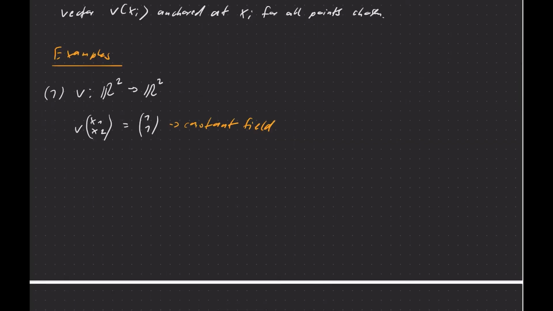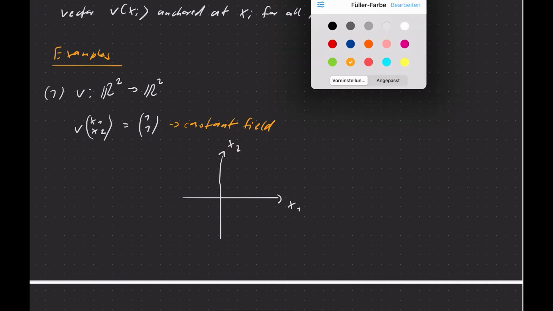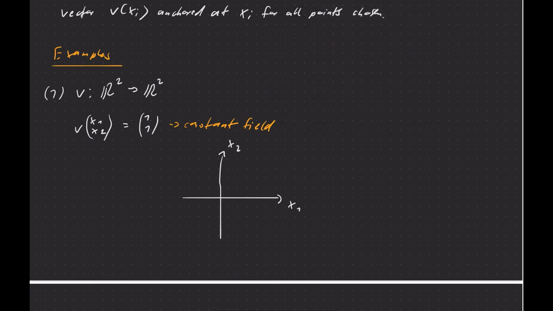So that is a constant vector field. And the visualization of such a constant field, we just draw the coordinate system here, x1 and x2 axis. And then we simply draw this vector (1, 1) to each of the points here. Basically, we're going to choose some kind of a regular grid.